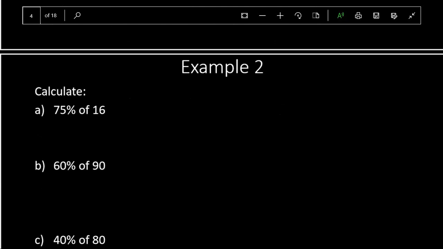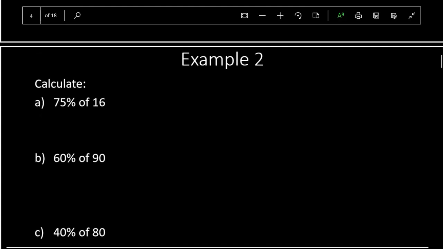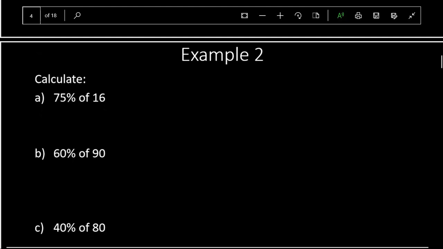Example number 2. Calculate 75% of 16. We're going to do one more together, and then I'll get you to do the last 2 on your own. Your first step is you're going to take your percent, which is 75%.